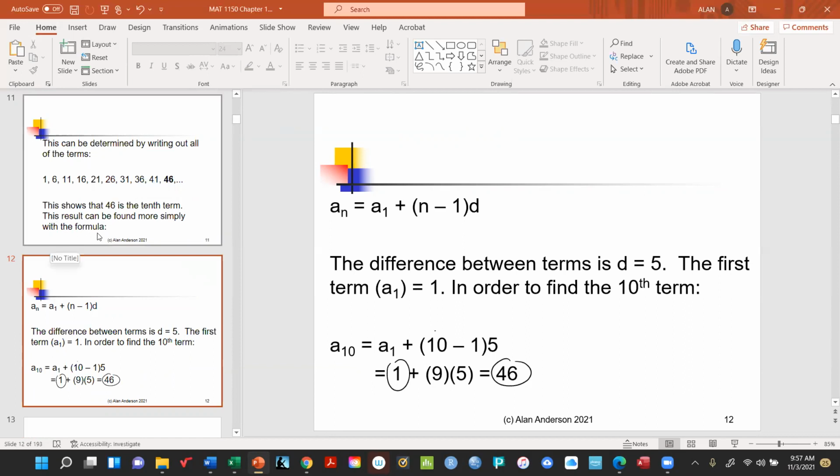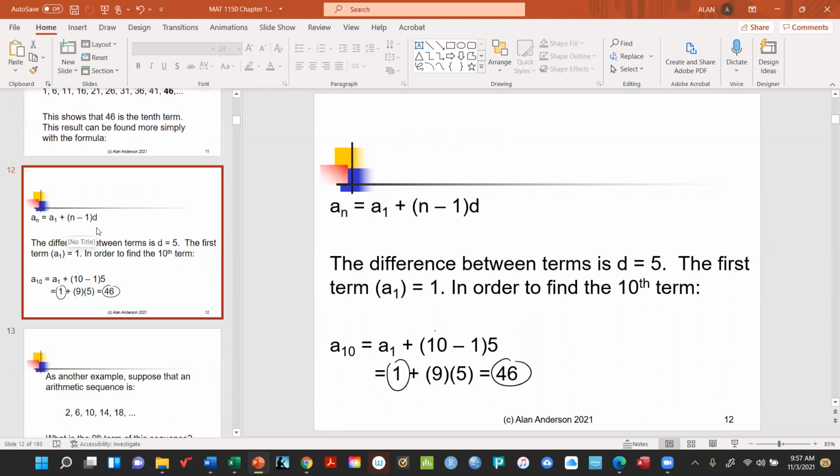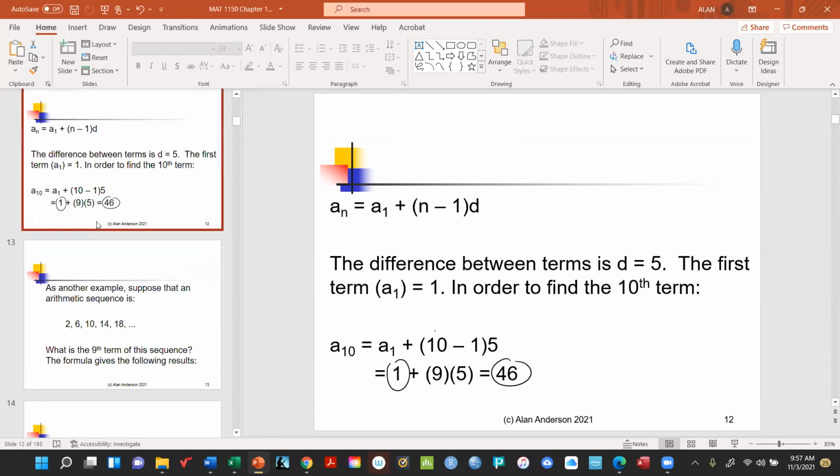All right. Well, that wasn't so hard. So if that's the case, once we start getting good at this, let's try this one. Suppose here's another arithmetic sequence. And again, you can double check that by making sure that the terms have a common difference.